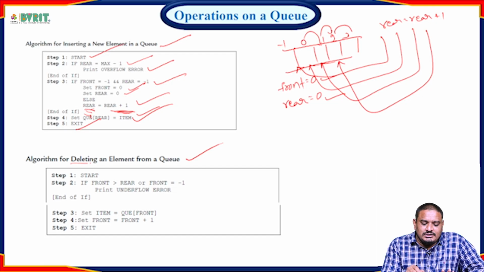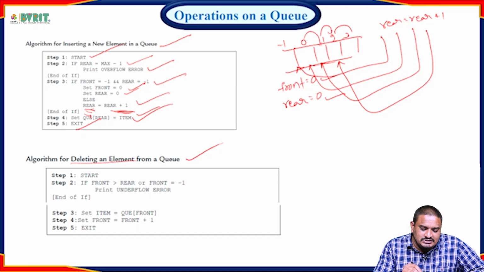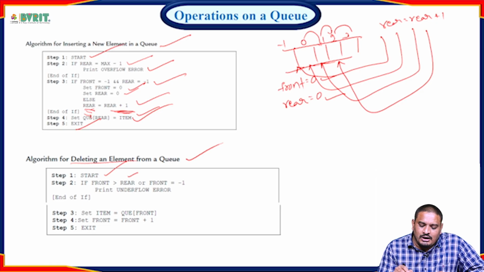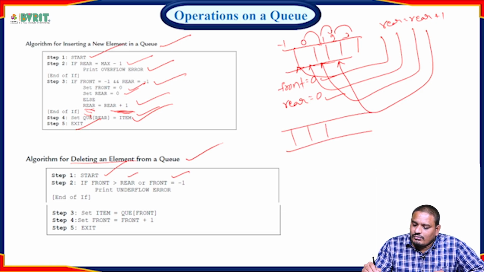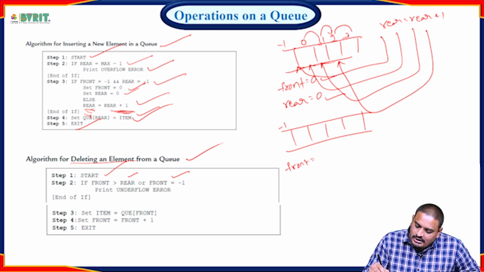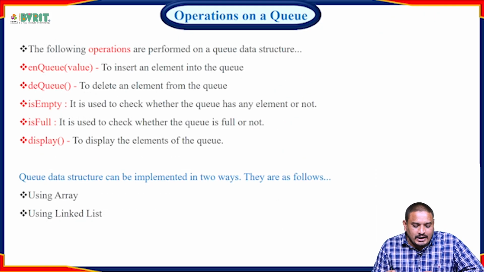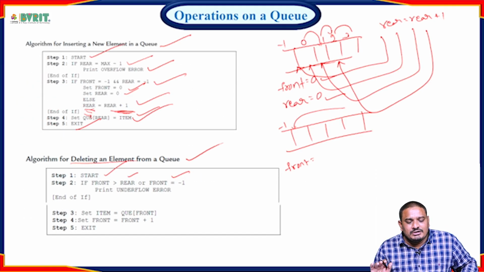Now we can see deleting the element from the queue, step by step. First, initially start the algorithm. Now, if front is greater than rear or front equal to -1, that means we are not inserting any elements to the queue.